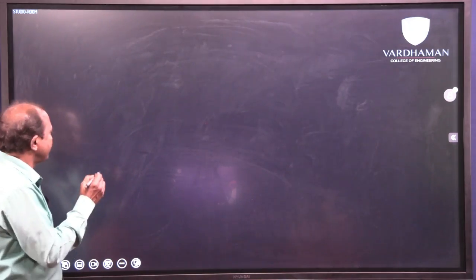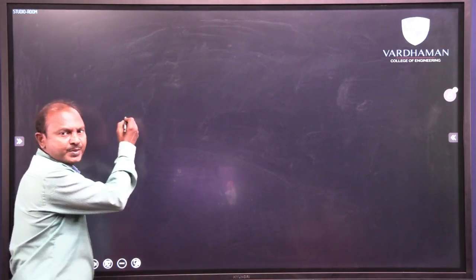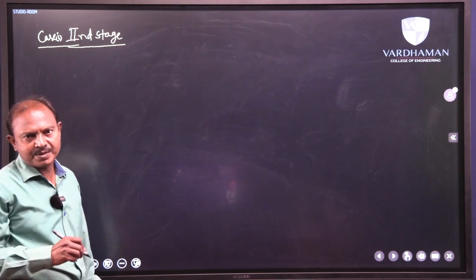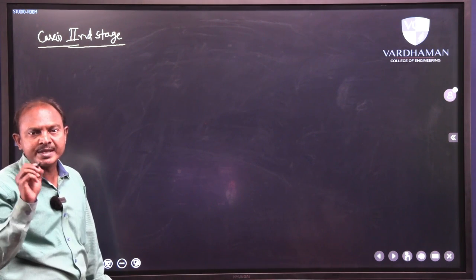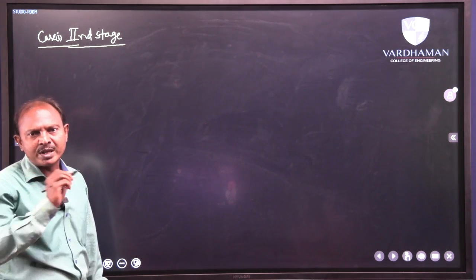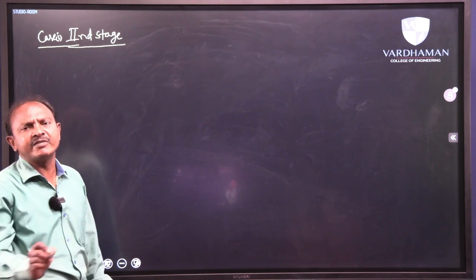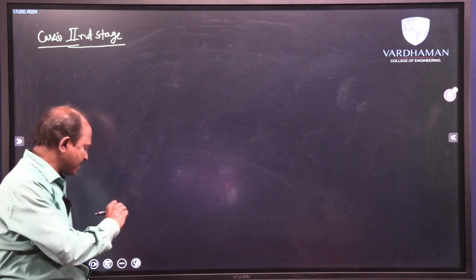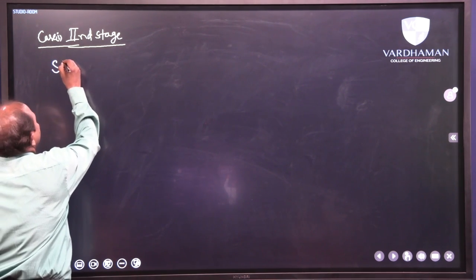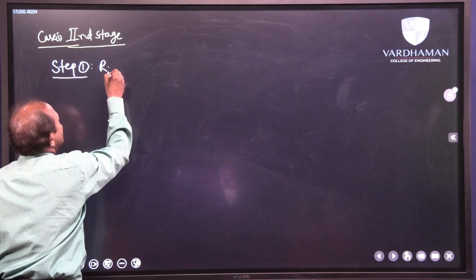As I said, first consider the second stage. In every amplifier's analysis, first you have to estimate the load resistance. Unless you estimate load resistance, you cannot estimate any of the parameters. That's why first start with load resistance in this case. Step 1, load resistance RL2, second stage.